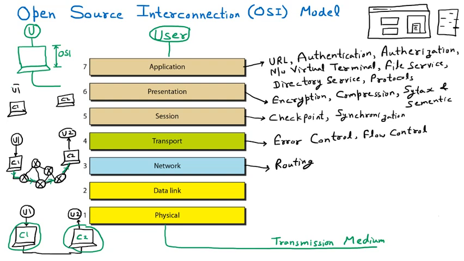User 1 is here, which is you. User 2 is here, which is me. You are sending, I am receiving. In between I have told you that many devices are there. Let us suppose that I am taking only those devices which we have opted for sending the data, and data is moving like this.